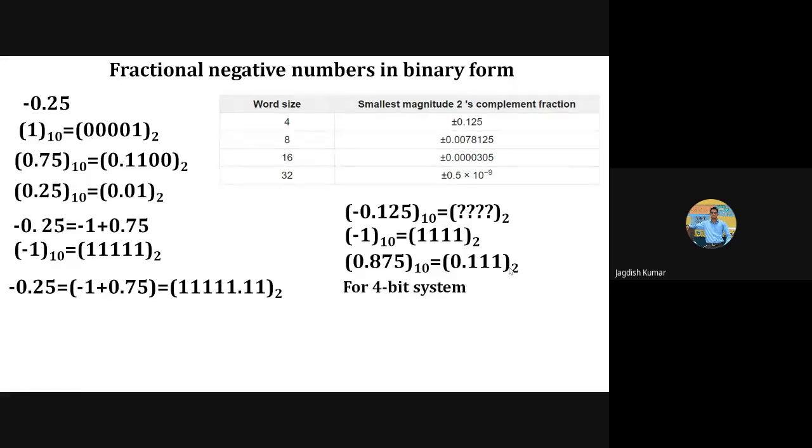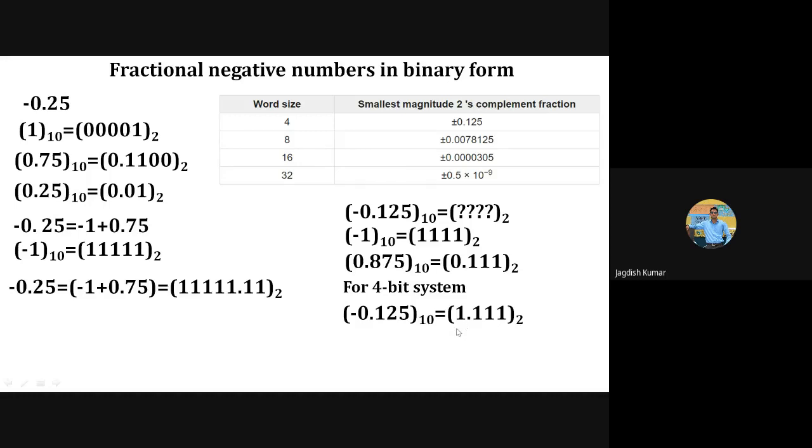So for a 4-bit system, how can we write minus 0.125 in a 2's complement representation? We have maximum 4 bits, so this is 1, 2, 3, 4. These are 4 bits. So in 4-bit representation, minus 0.125 will be equal to 1.111. Now this is in 2's complement representation.